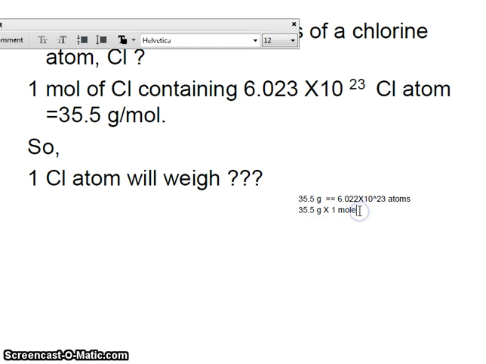For some reason it's not letting me, so I'm just going to write that as 6.022 times 10 to the power of 23. Since 1 mole contains that many atoms, you would be able to figure out the grams per atom.